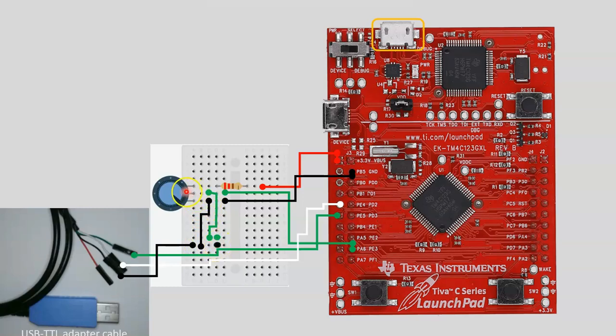And the middle pin of the potentiometer is connected to PE3 of the LaunchPad board, but it's also connected to this header pin here. As I mentioned earlier, I put these two header pins in so that I can measure the analog voltage from the board later on during the demonstration.